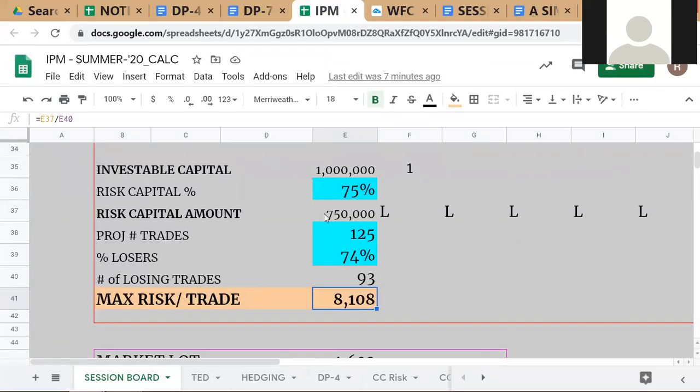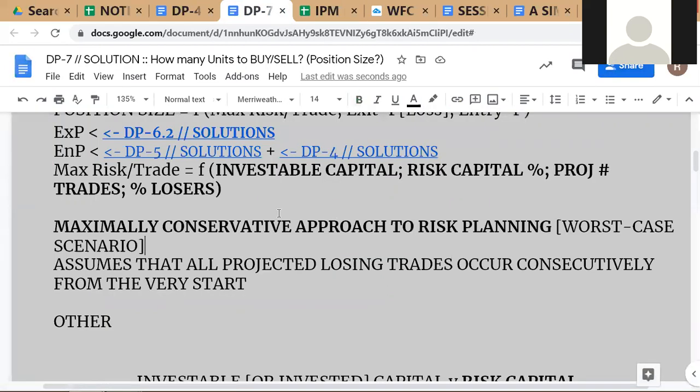When I enter into the next period, when I plan out my trades for next year, I am already mentally prepared to lose $750,000 next year trading, and I'm okay with it. That's why I put these figures up. Okay, so if I lose maybe 400,000, that's fine because I was ready to lose 750,000. So losses should always be less than budgeted losses. And this is very important, and that's why we have this maximally conservative approach to risk planning. Okay, this kind of scenario.